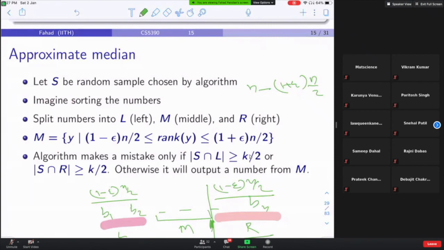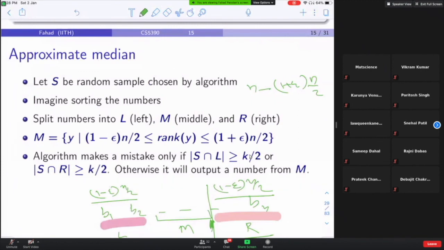Okay, which means that your algorithm makes an error if either you choose more than k by 2 elements from L or you choose more than k by 2 elements from R.